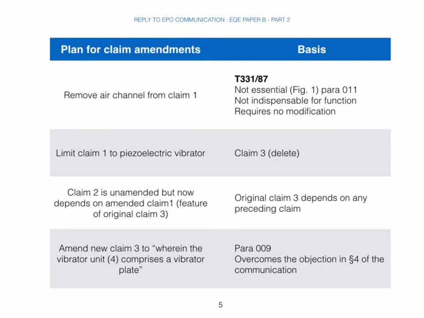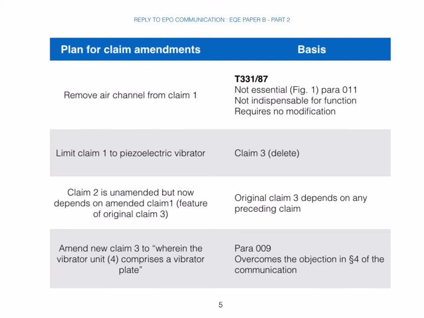The 3 points of this decision are not essential, for which I will use figure 1 paragraph 11, not indispensable for the function, and requires no modification, and I will fill up the arguments according to this three-pronged argument.